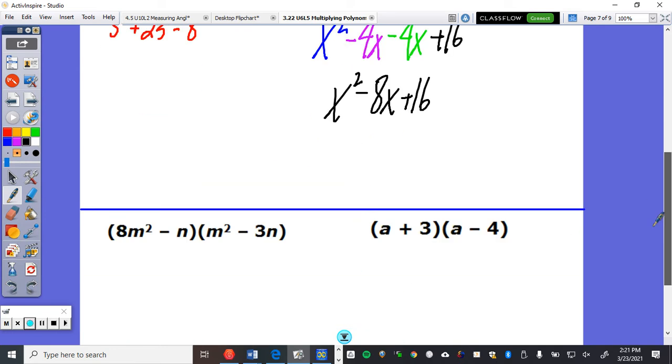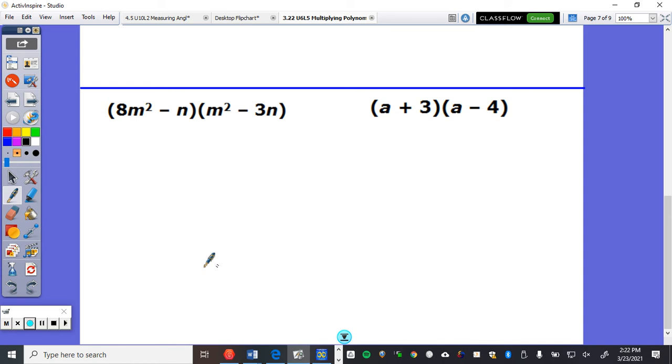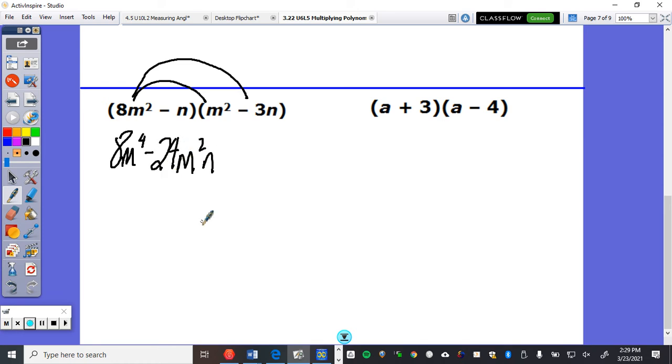All right? You do these two. 8m squared times m squared is 8m to the fourth. 8m squared times negative 3n is negative 24m squared n.